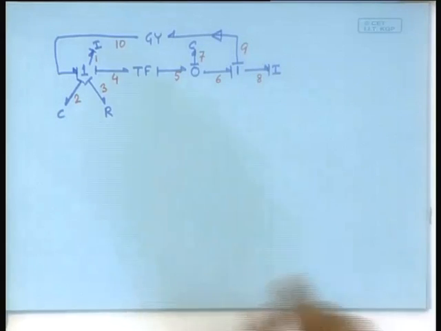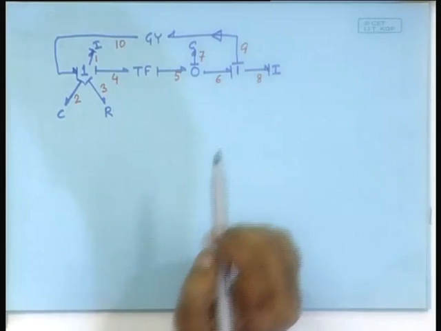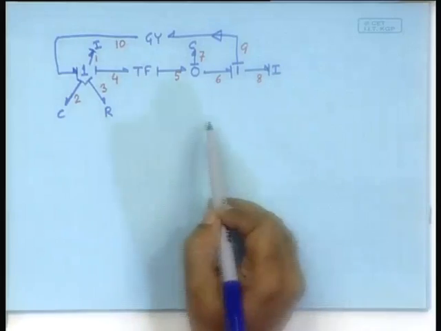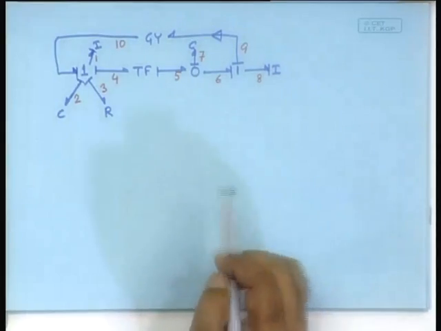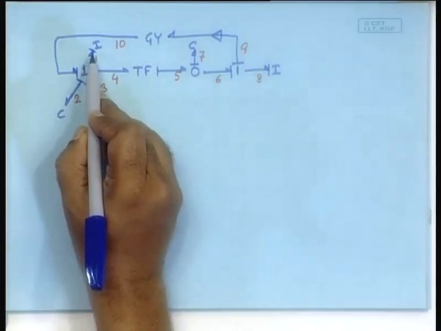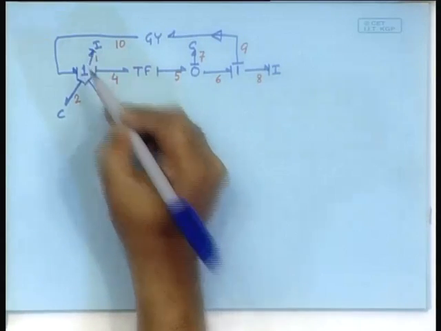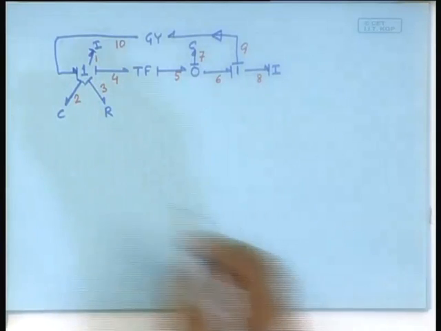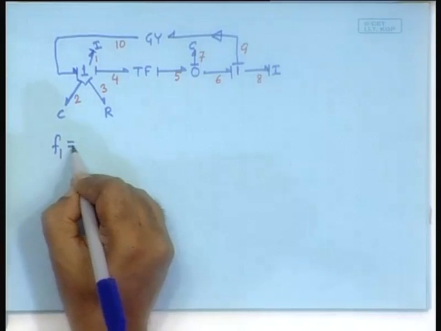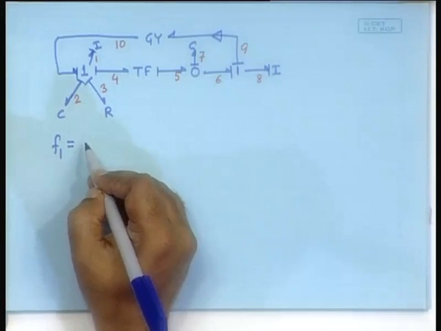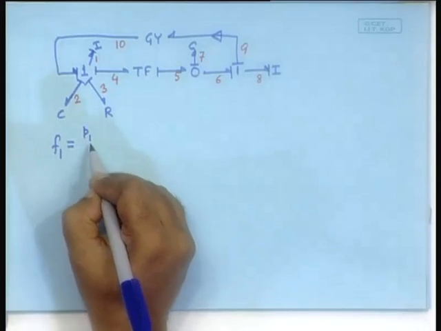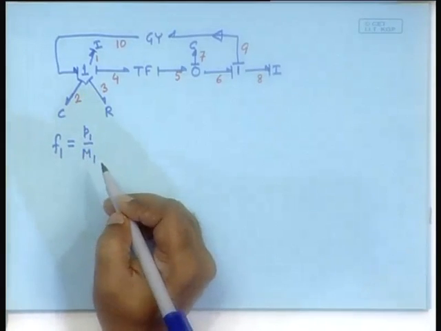So, now let us start asking the first question. First question is, what do the elements give to the system? So, this is bond 1, what does it give to the system? Flow 1. So, let me say F1 is equal to P1 by M1.